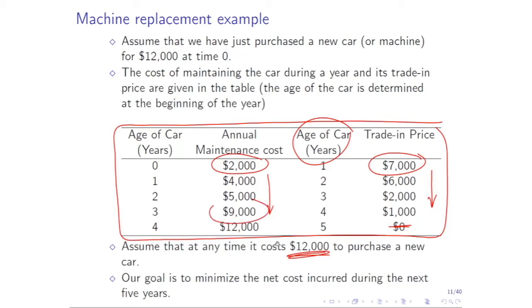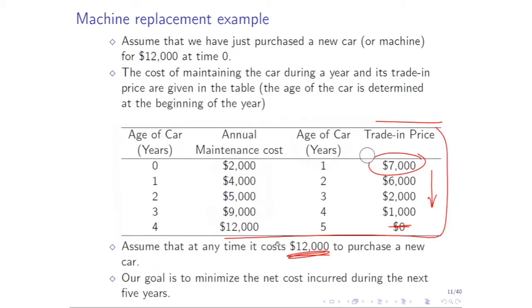Because you always want to have a car, right? So the decision that we want to make is when to sell this car and buy a new car during the next 5 years, so that the cost incurred by you is minimized.